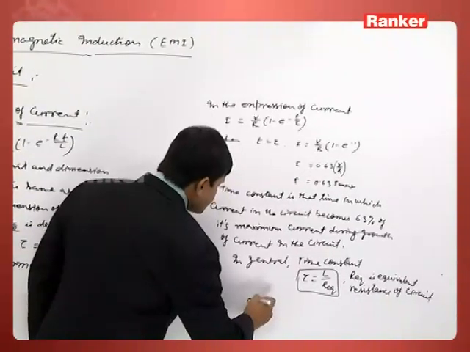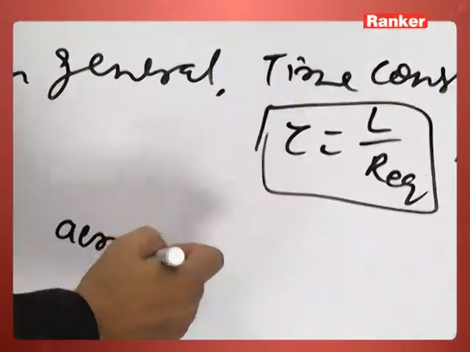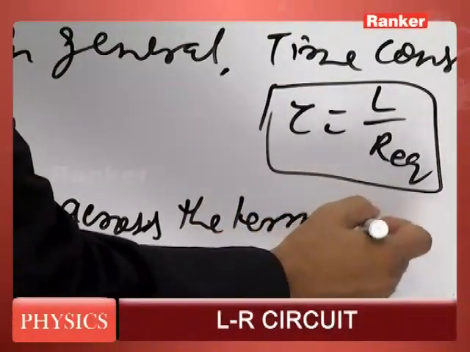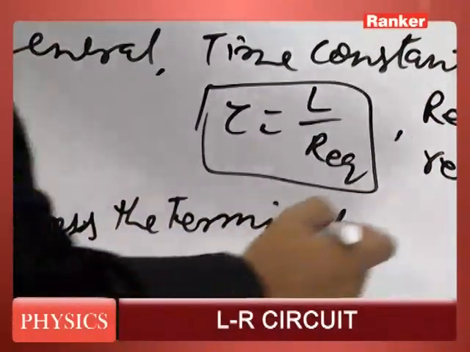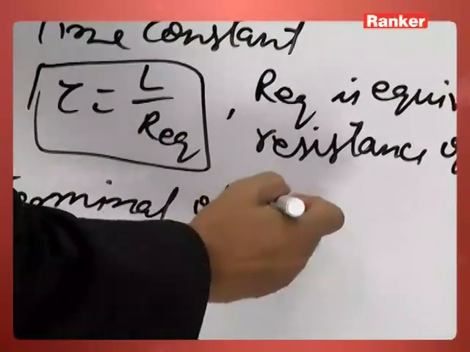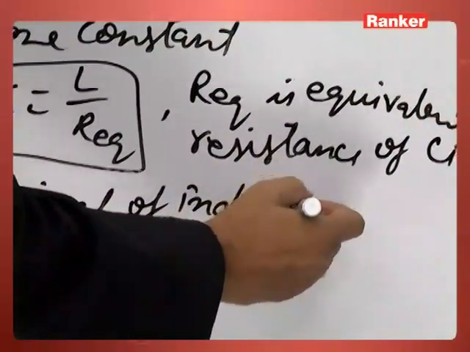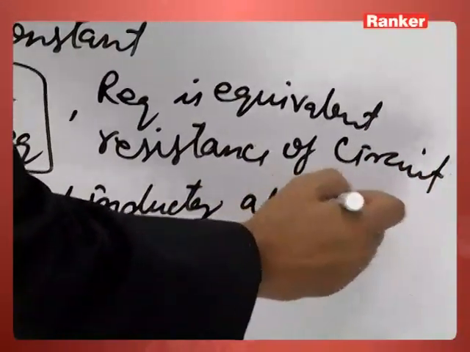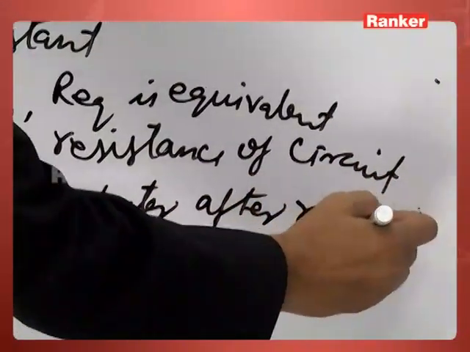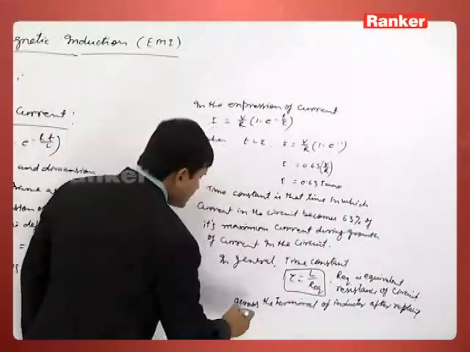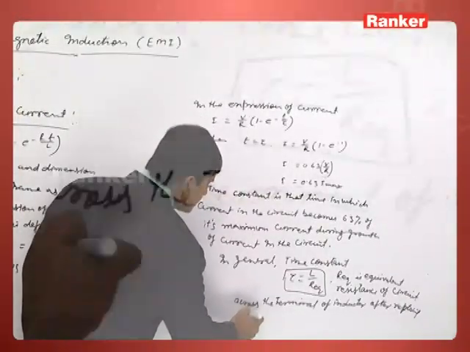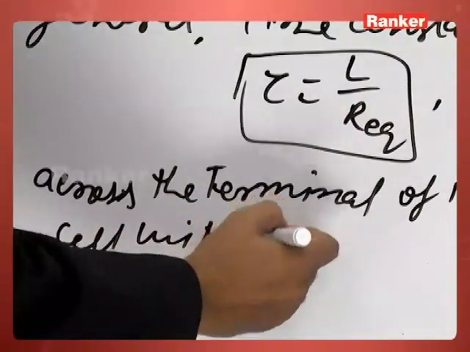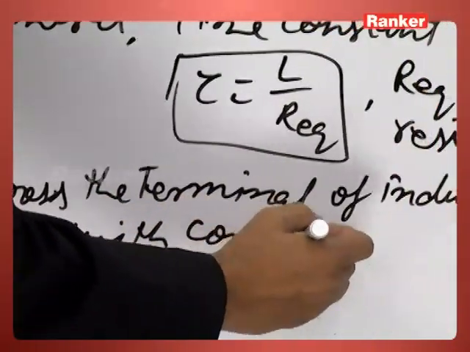across the terminals of the inductor, after replacing the cell with a conducting wire.